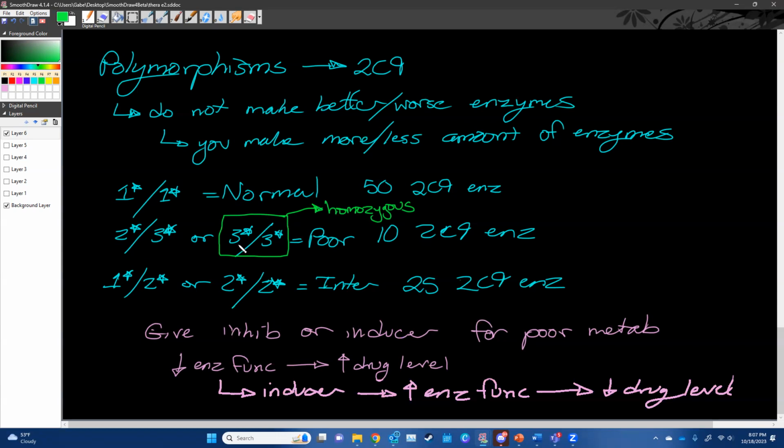That's your clue that they're a poor metabolizer. Versus if you hear they're heterozygous for 2-star, well, heterozygous might mean that they're intermediate or they're poor, depending.